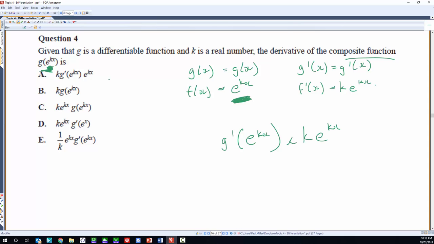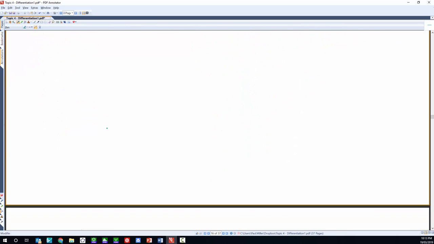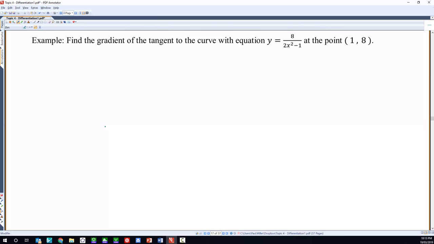Can't see that anywhere, but there's a simple one there. The answer is going to be A, because what they've done is they've moved that k, g dash, e to the kx, and got rid of this multiply sign and put e to the kx in there. So our answer is A. So you can see there the importance of understanding how function notation works with that problem.